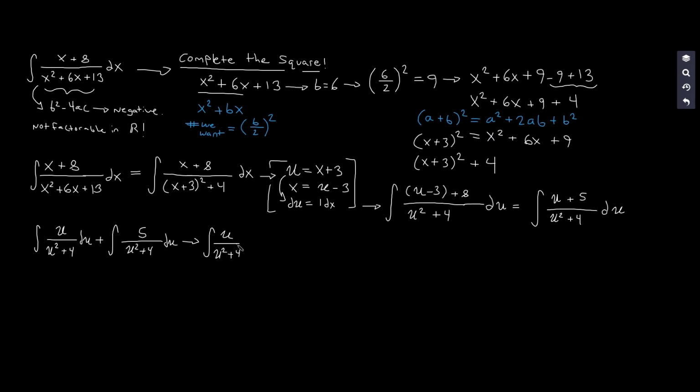So u over u squared plus 4 integration with respect to u, plus 5, because we're going to factor that out, times the integral of 1 over u squared plus 4 integration with respect to u.